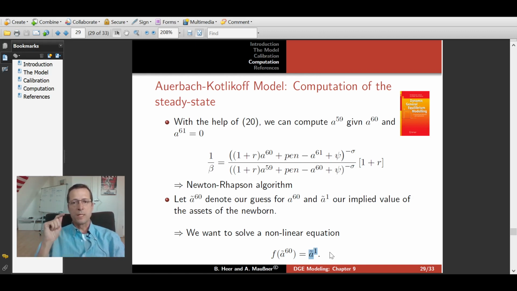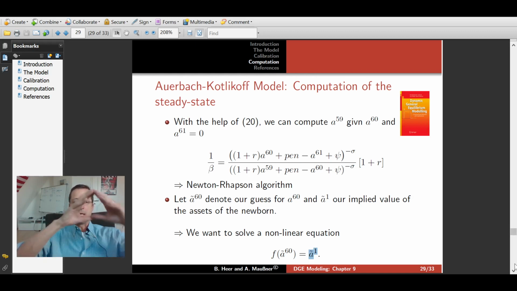So we solve a nonlinear equation in just one variable, and to get there, we have to start in the last period, go back recursively with our Euler equation and later on with our first order condition with labor, and solve this nonlinear problem in the individual asset level 58 times to get to A1.